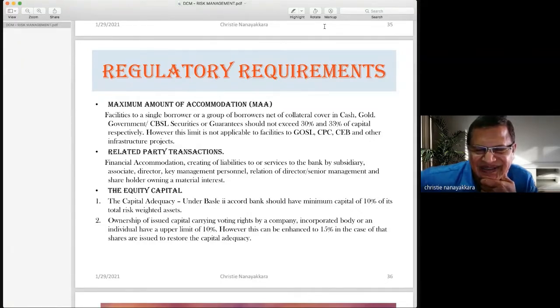Your answer, in the sense of a banker who is trying to safeguard the bank's interest while doing business, is right. But when you apply the maximum amount of accommodation or the single borrower limit regulation, both of them are not qualified under that criteria. So none of them can have this facility.